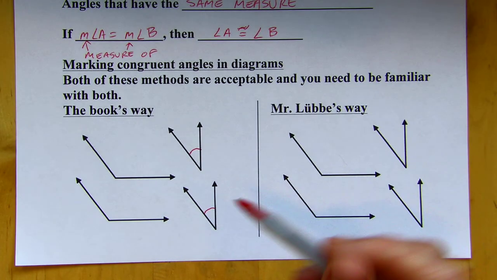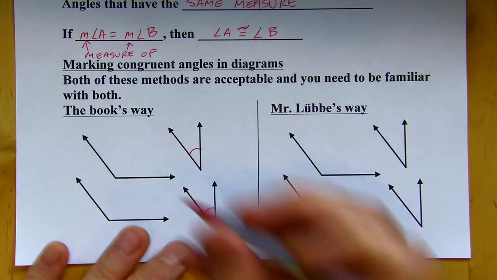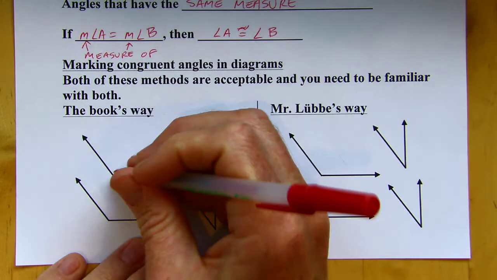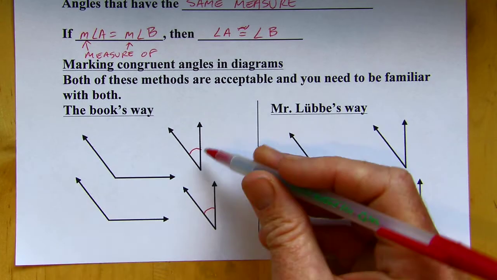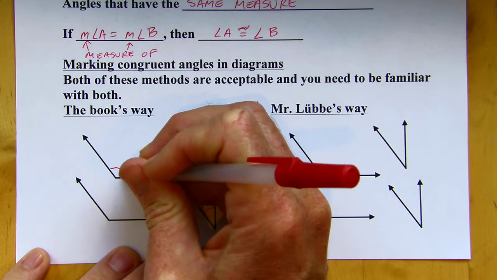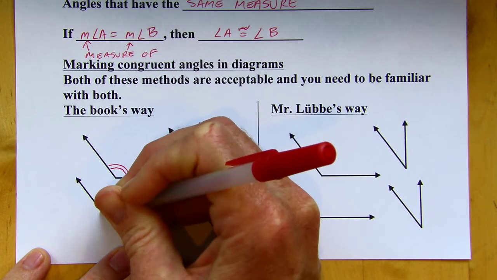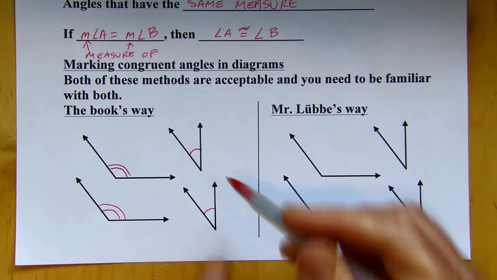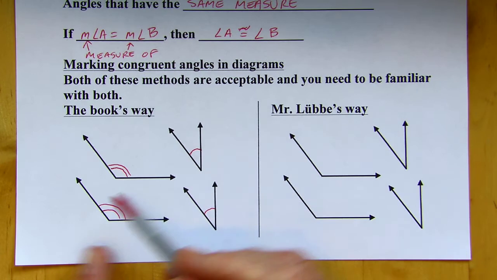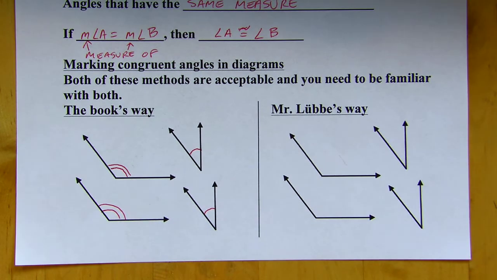So that's supposed to indicate that those two have the same measure. And if they want to show you that the second set are congruent to each other, but not congruent to these two, then they'll just put a second swoosh in both of those. And that shows you that, hey, these are a pair, these two are congruent, these two are congruent as well, okay? And nothing wrong with that. That's the way the book is going to mark congruent angles.